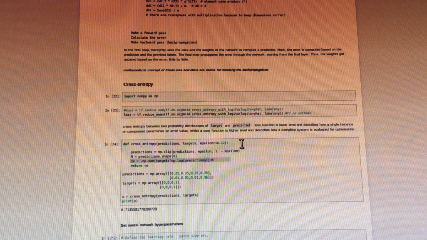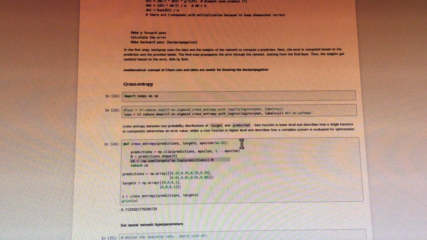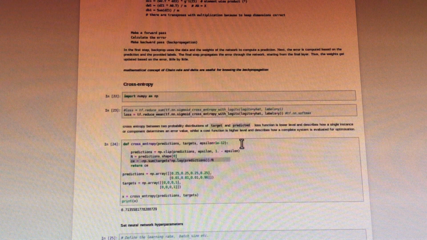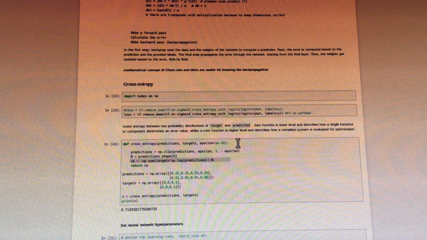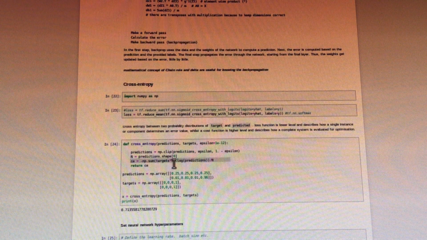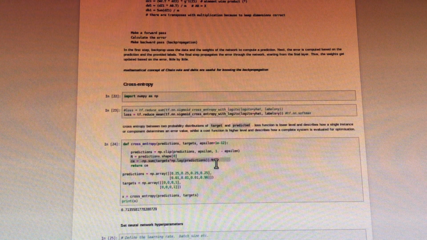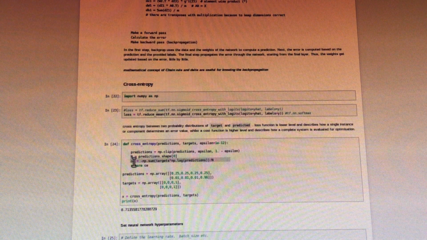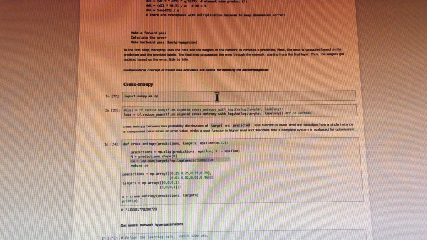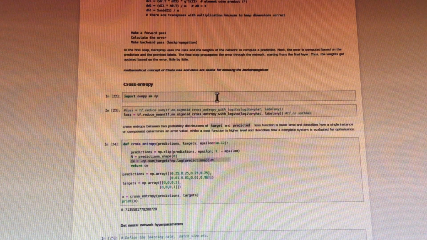And here comes the cross entropy concept: the probability distributions of the target value and the predicted value. These probability distributions are different, and if we sum by multiplying the target and the log value of the predictions, and average it out, then we get the cross entropy value. So this cross entropy value is the loss of the network, or the error of the network.